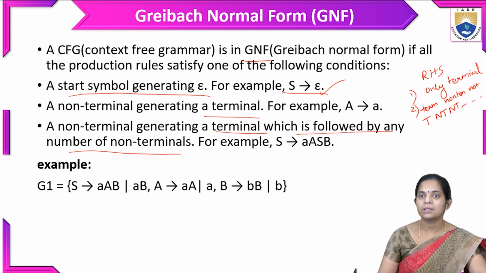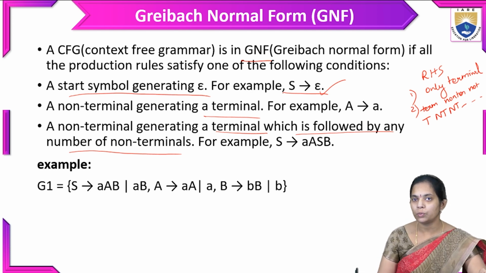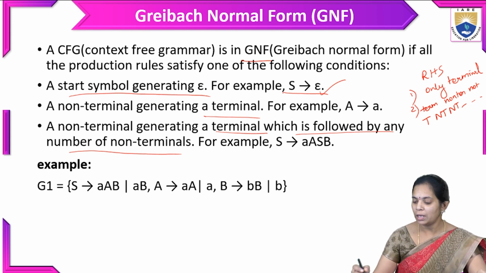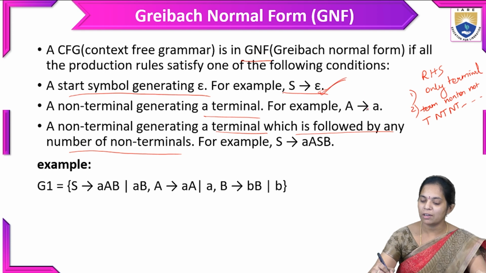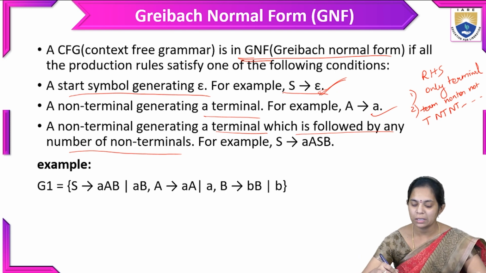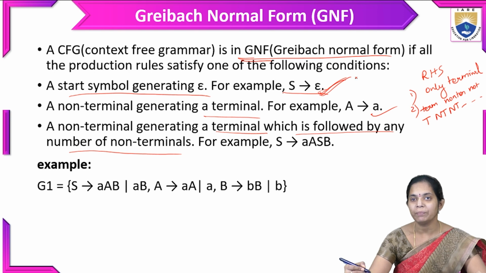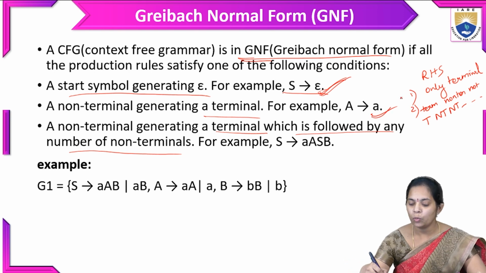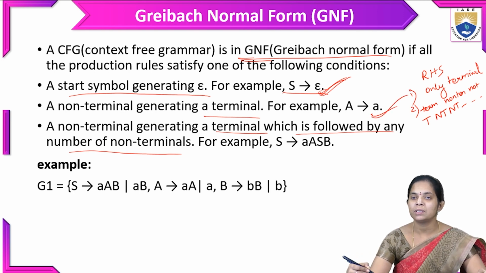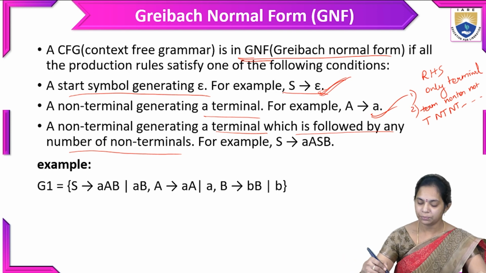So we discussed normalization. In the right-hand side of the production rule, we have to maintain some standards, and for that we need these conditions. In Greibach normal form, we have three conditions. A production rule having epsilon is also considered GNF, and only a terminal is also represented as Greibach normal form.